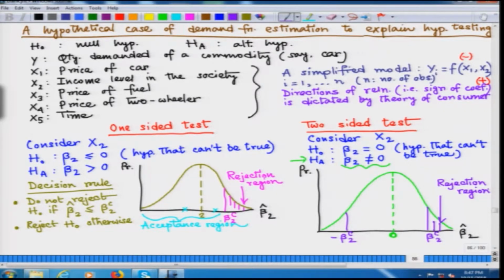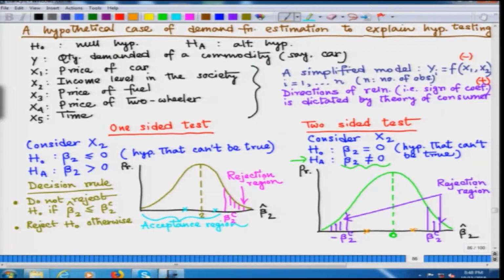Okay. Now, alternatively we can observe beta hat 2 values such that we are here in this region. So, basically we reject the null hypothesis in this case also. So, there could be some interim values of beta hat 2, say right here or right there.